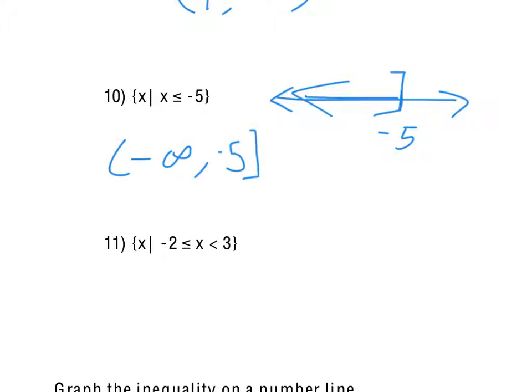And then we get to number 11, which is compound inequality, or three-part inequality. Again, if you wanted to graph it, that might help you see what's going on. But really we just have a bracket, and then -2, and then 3 with a parenthesis showing that it's that interval from -2 just to less than 3.